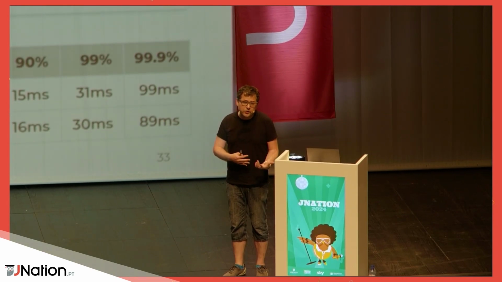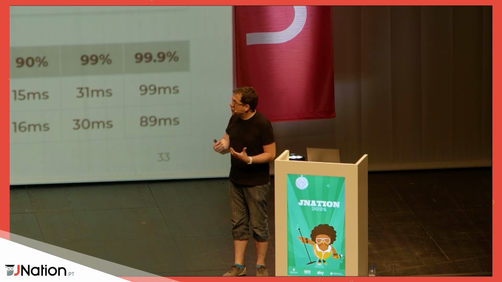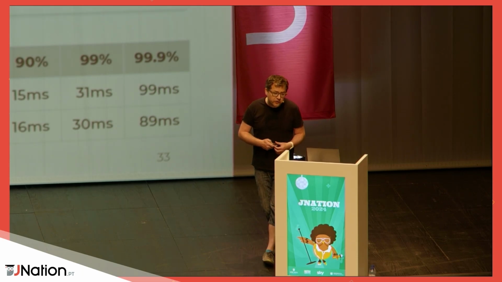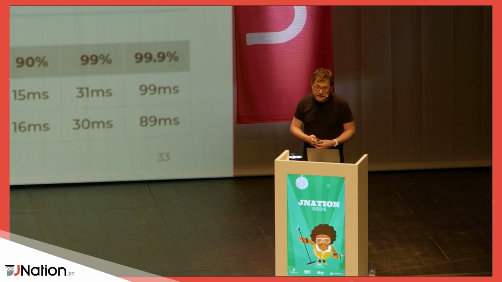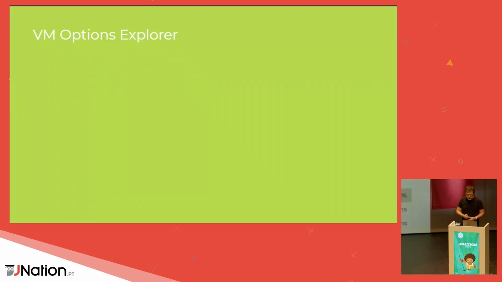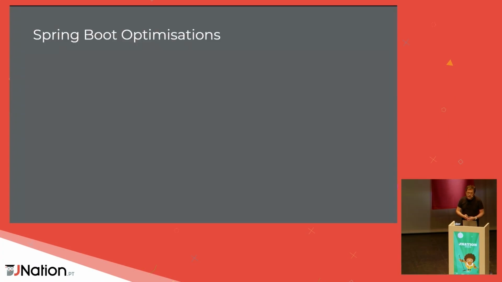It's also the version VMware and the Spring team use, which is basically the company which supports this kind of distribution. So you'll see that you can change that easily if you don't like Liberica. So let's go back and let's talk a bit about Spring Boot optimizations.